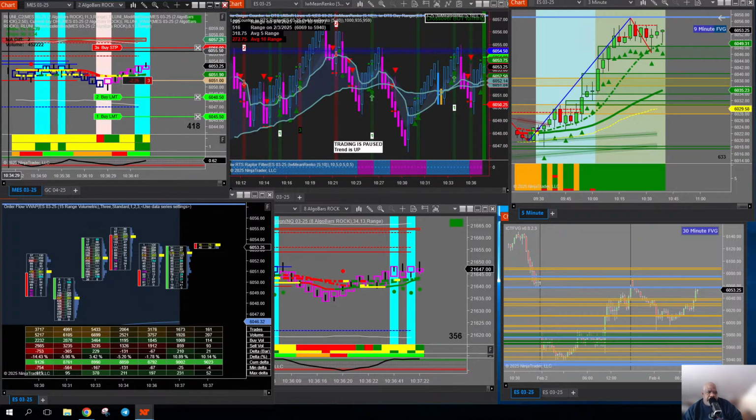I think we were on the top of this range and we're going lower to the bottom of the range, but it looks like they want to go higher now.